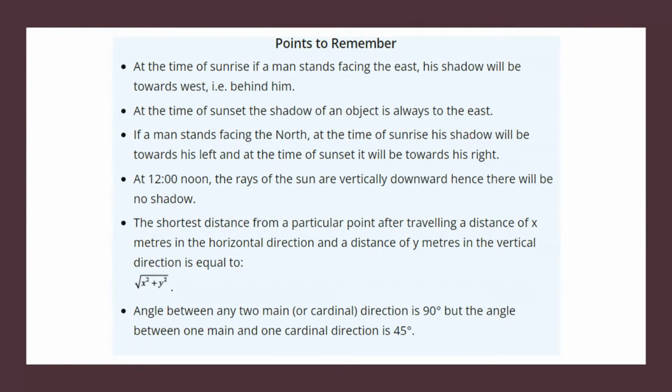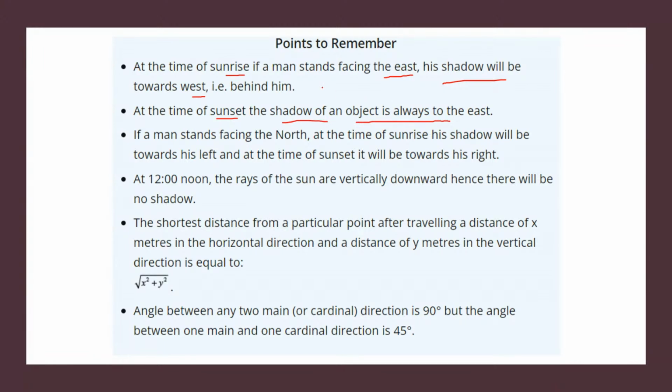Okay, so the first point is, at the time of sunrise, if the man is facing east, then the shadow will be towards west, that is behind him. This we all know. At the time of sunset, the shadow of an object is always to the east.